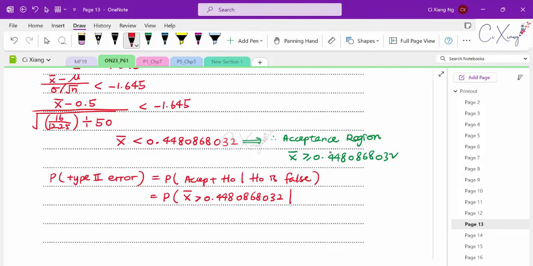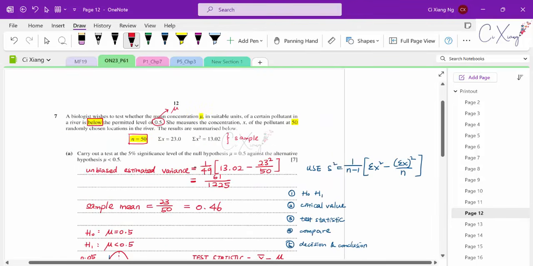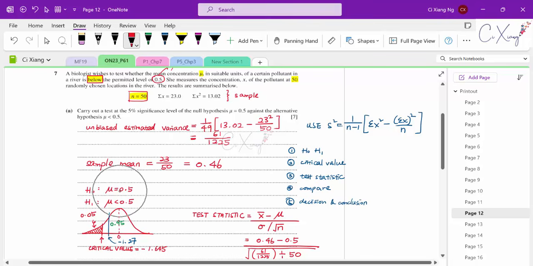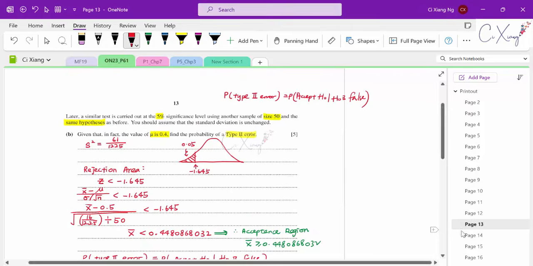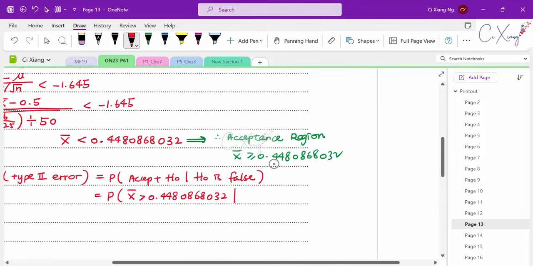Because the null hypothesis is false, our population mean is not equal to 0.5 anymore. It should be a value less than 0.5. But what's the value? The question will give you. So the mu is now 0.4. Can you see that? So I have mu equals 0.4.